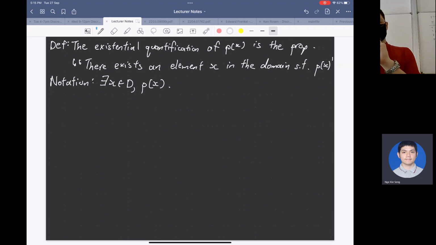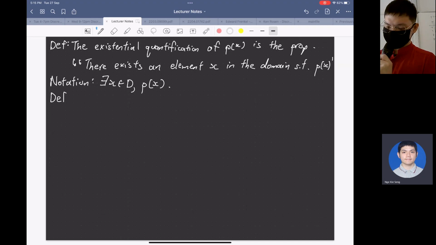When you are in kindergarten, you first write E, and sometimes you write the inverted one, some kids. So actually, there's one symbol for it, the inverted E. This is called the existential quantifier.